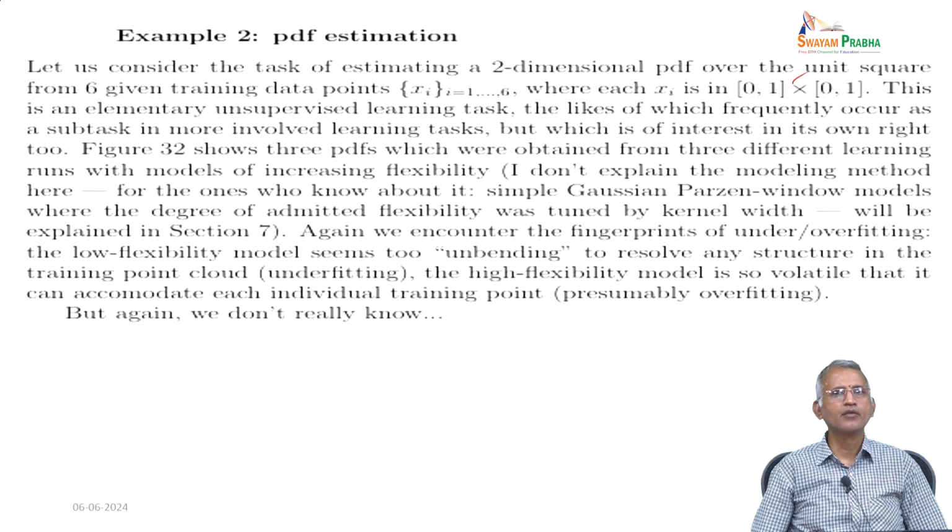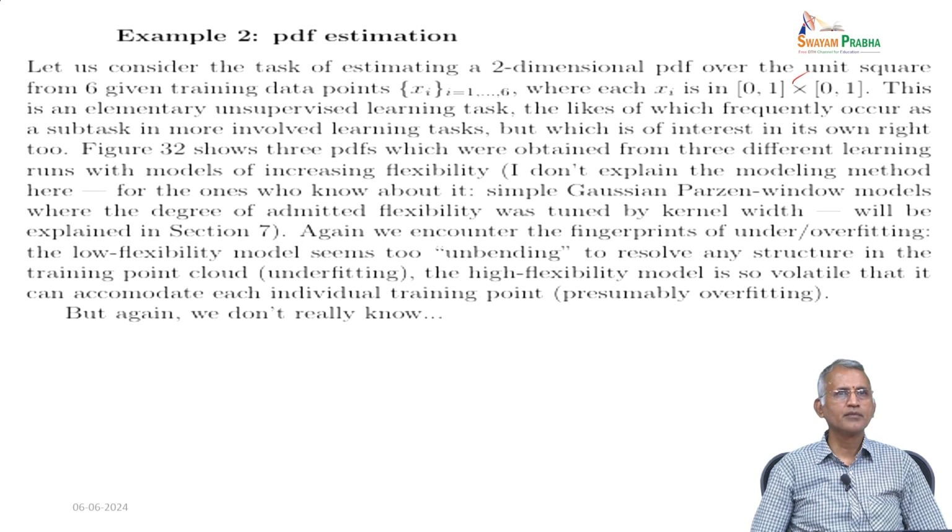I do not explain the modeling methods here for those who know about them. The simple Gaussian Parzen window models, where the degree of admitted flexibility was tuned by kernel width, will be explained. Again we encountered the fingerprints of under or overfitting.